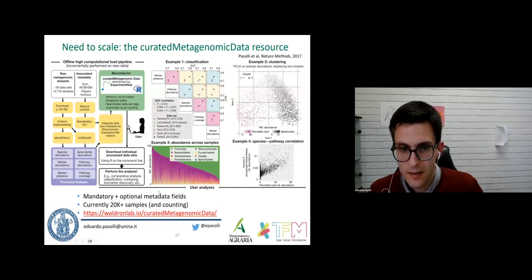This package is then available in Bioconductor, and so can be easily downloaded from the R environment, and this enables users to perform additional analysis. For example, to apply a new classification algorithm, some new biostatistical techniques, or also to integrate public data with newly generated data.